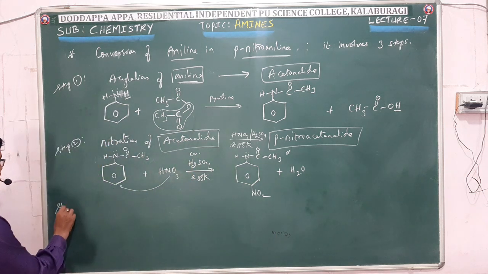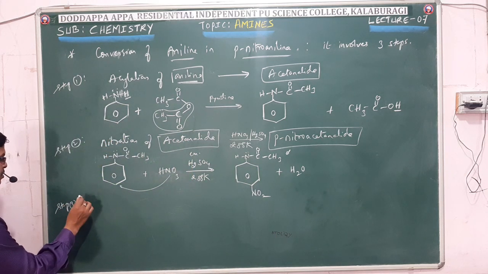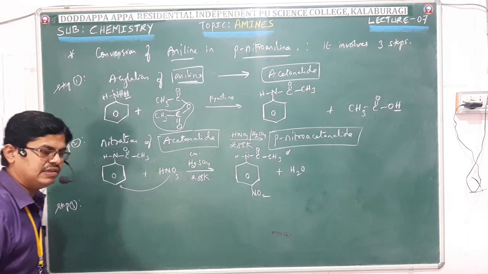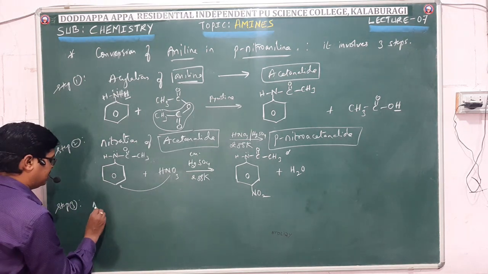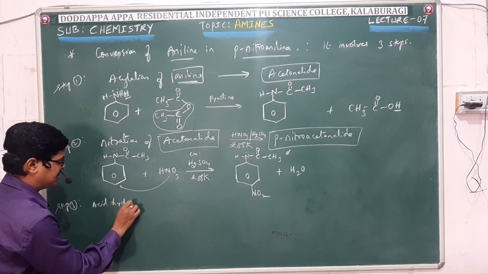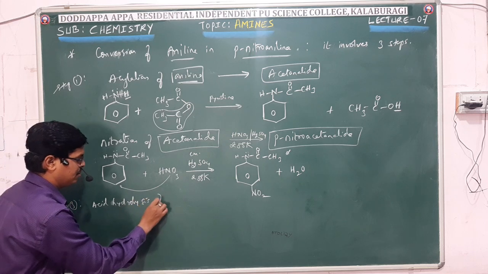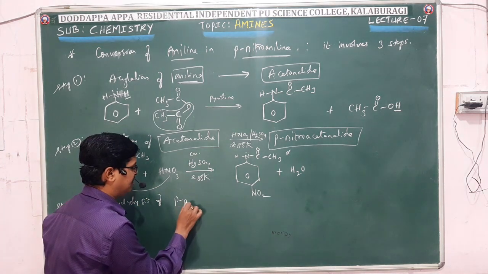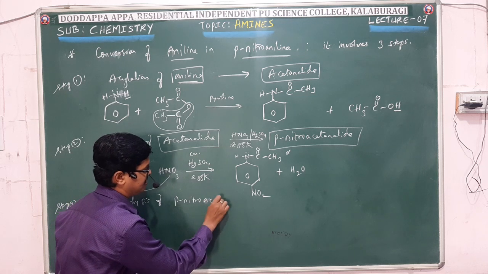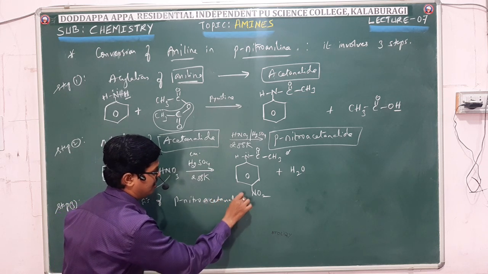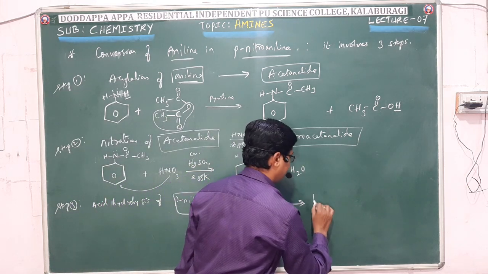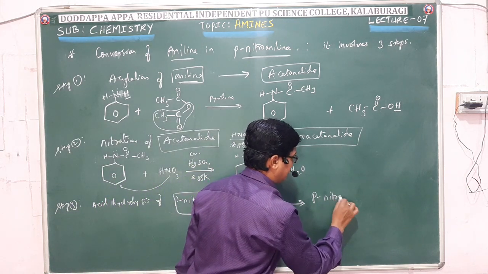Next, step 3, conversion of para-nitro acetanilide into para-nitro aniline, that is acid hydrolysis. Acid hydrolysis of para-nitro acetanilide into para-nitro aniline.